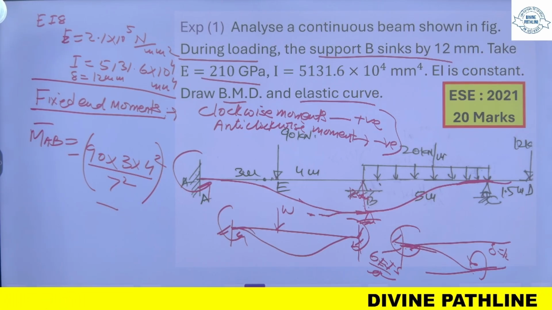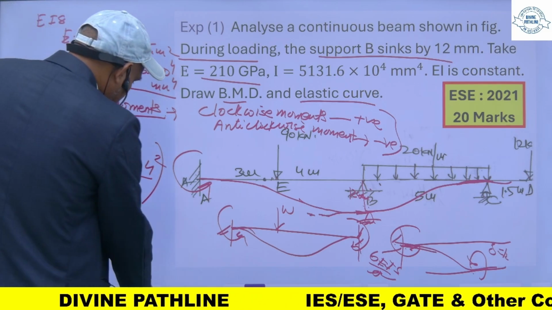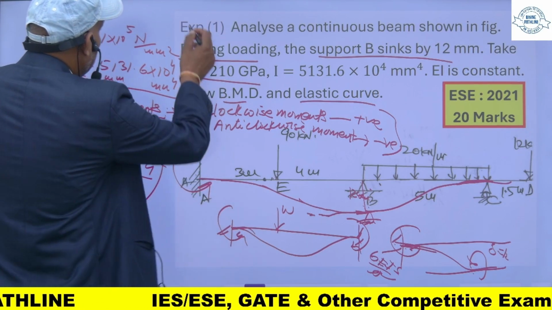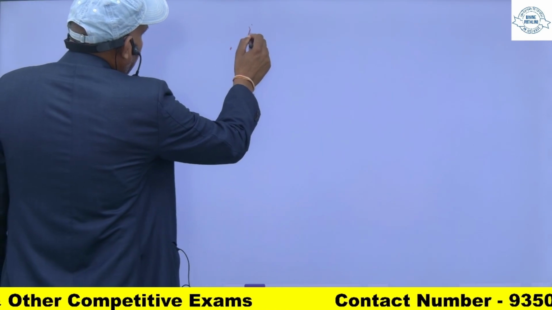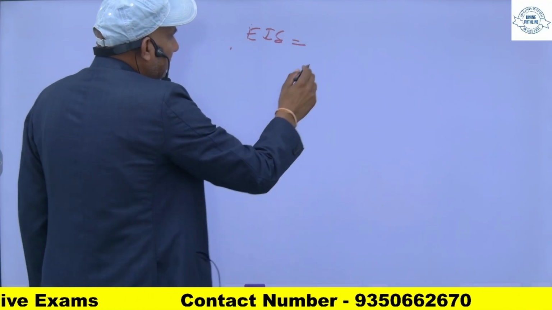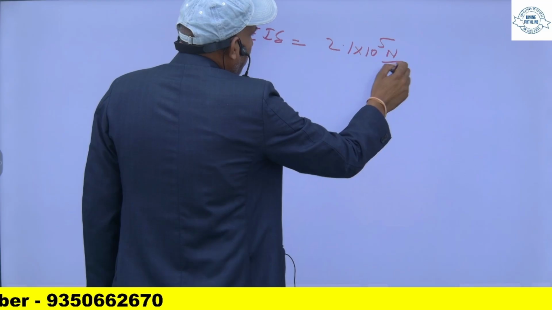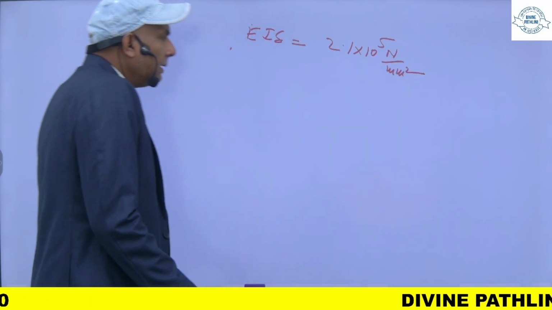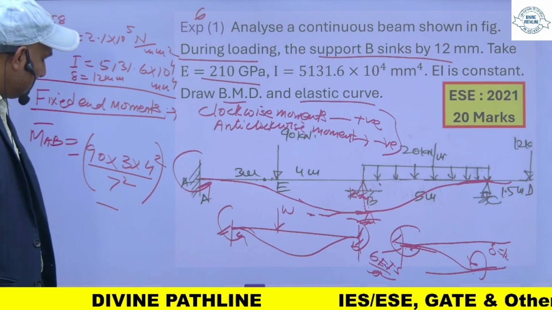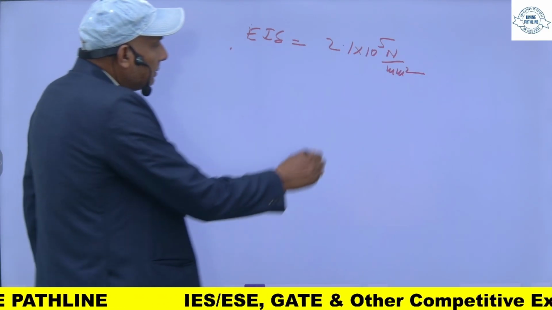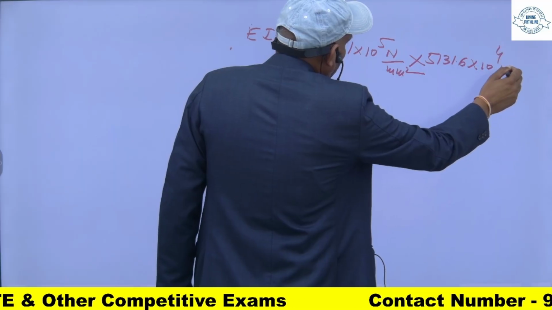So you can calculate the 6 EI delta. 6 EI delta is equal to E, which is 2.1 into 10 raised to the power 5 megapascal, in Newton per mm square, into I, where I is equal to 5131.6 into 10 raised to the power 4 mm4.